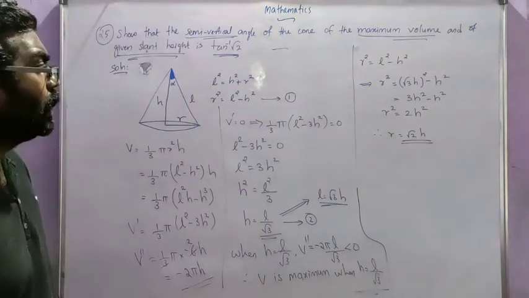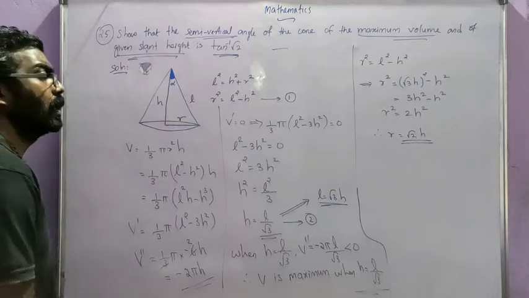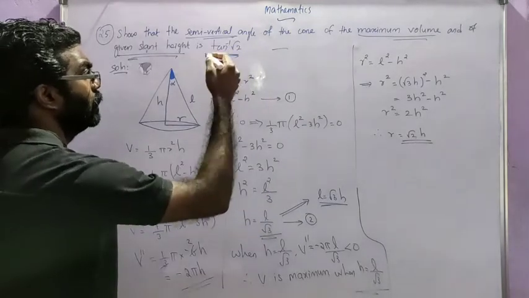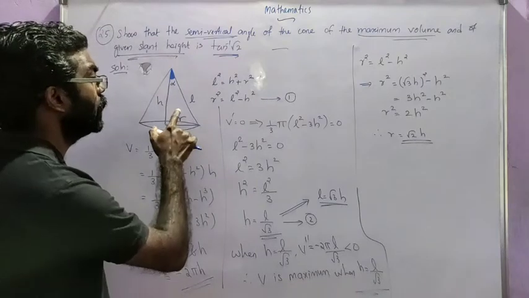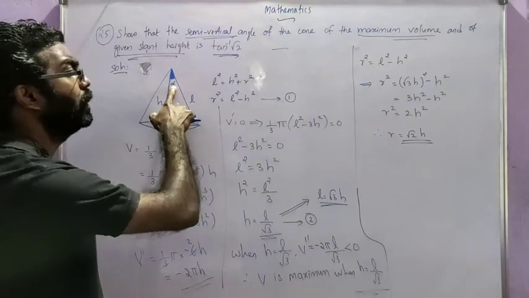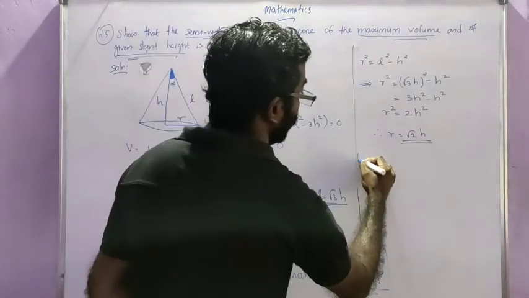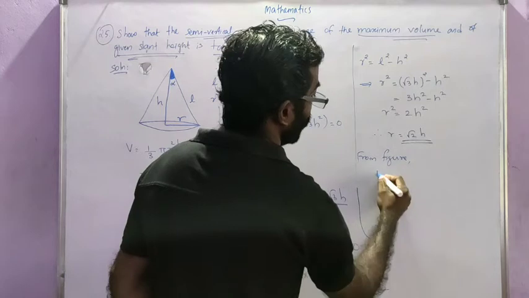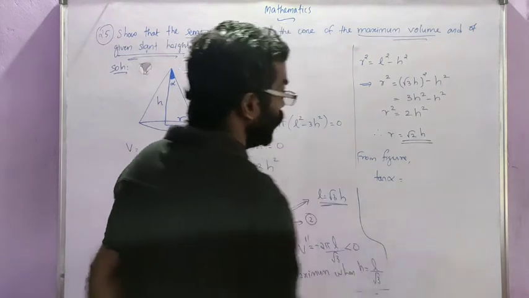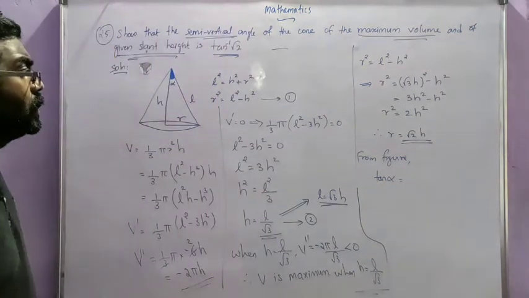Now we can find the semi-vertical angle. The value is given in tan theta, tan inverse root 2. So first of all we can write the tan of angle alpha. From the figure, tan alpha equal to, tan is opposite side by adjacent side.